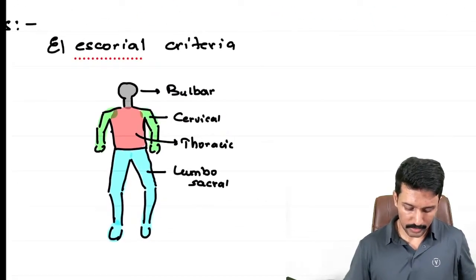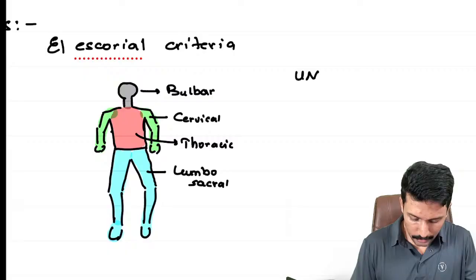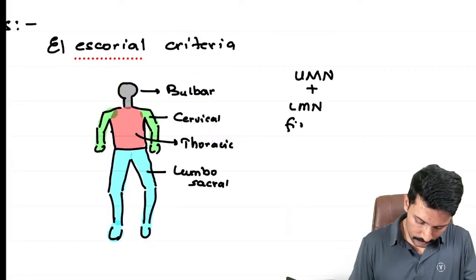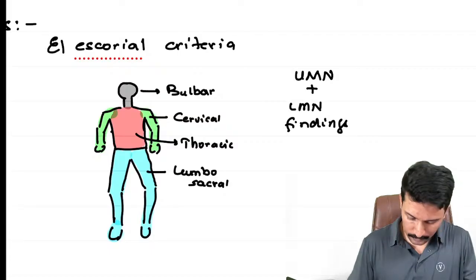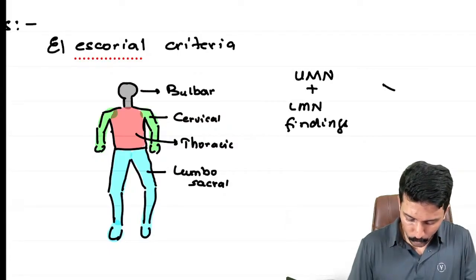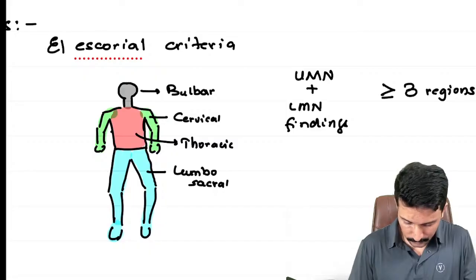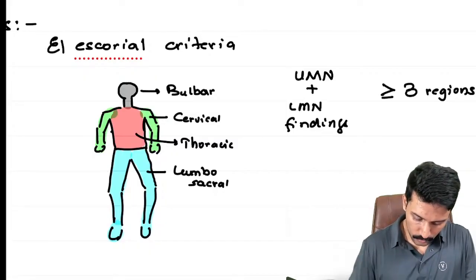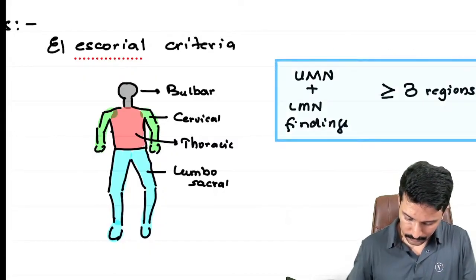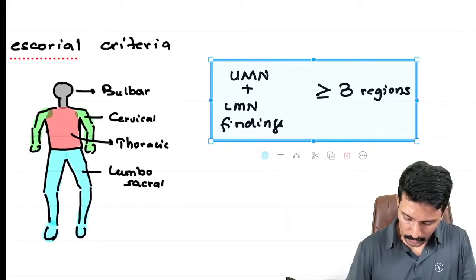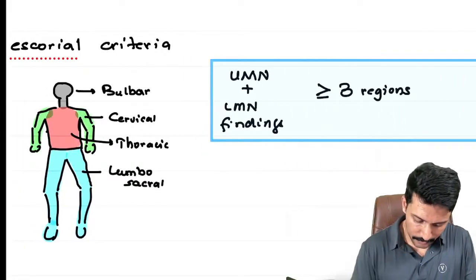And what the El Escorial criteria says is, if I find UMN plus LMN findings in greater than or equal to 3 regions, that is equal to definitive ALS.